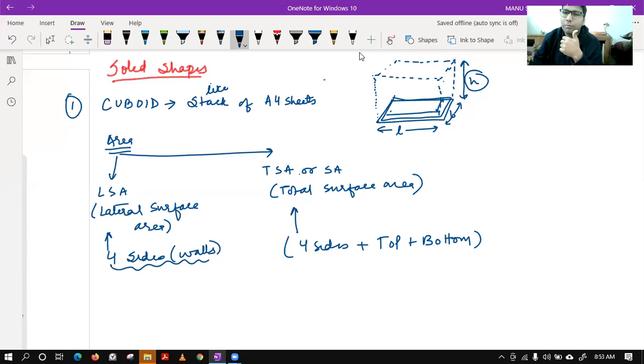This we have to keep in our mind. If the question is saying TSA or SA, that means the same thing, total surface area, you have to include all the faces. But if the question is just taking the side surfaces, that is lateral surface area. Now the question arises, how to derive this formula of LSA?